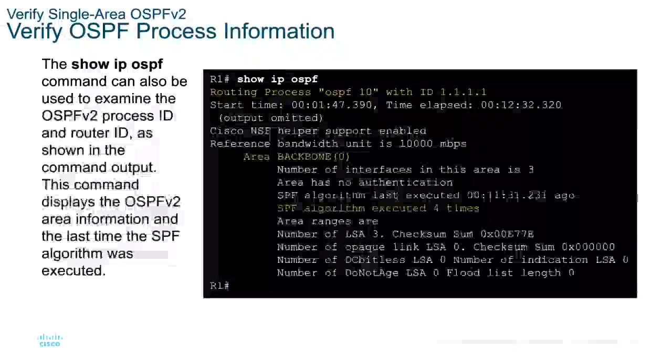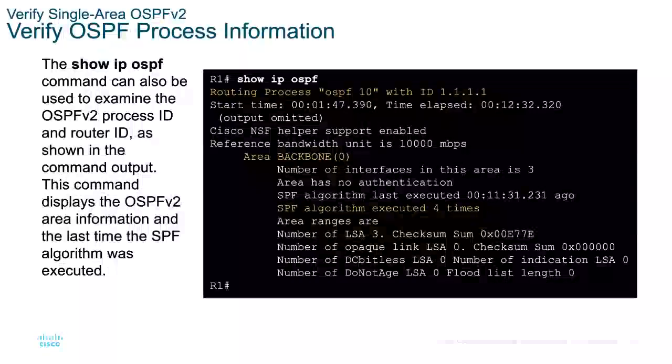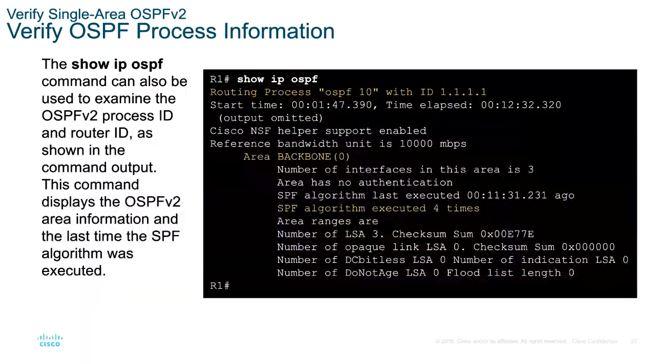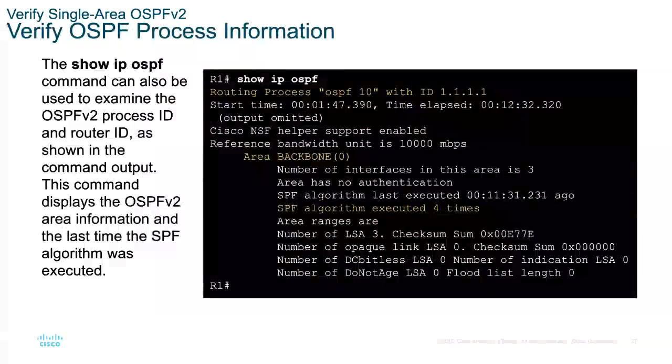If I specifically want to look just at OSPF, using the show IP OSPF, it gives me different information. It tells me the OSPF process number, its ID, how long it's been up, but then it'll tell me different information regarding OSPF itself.